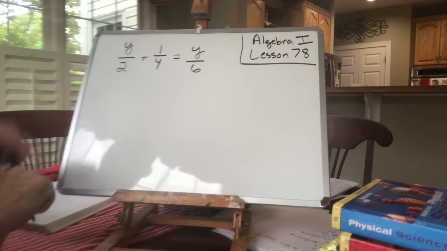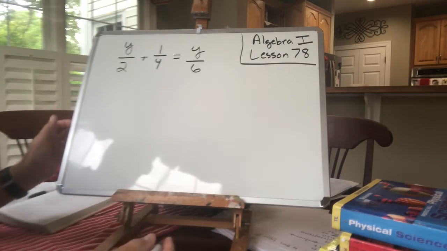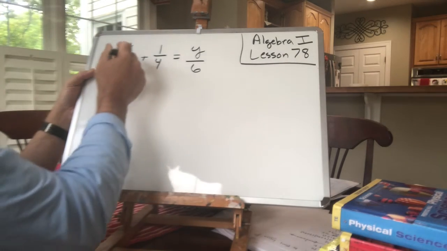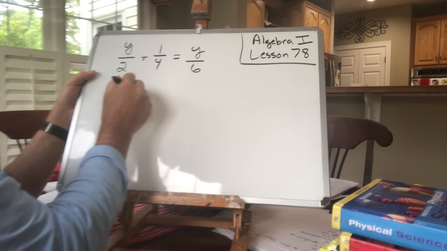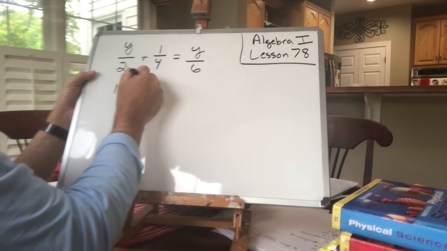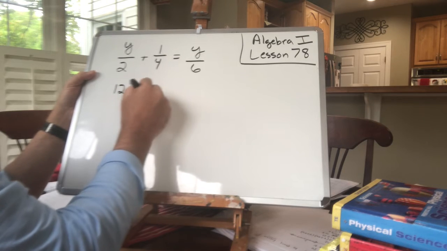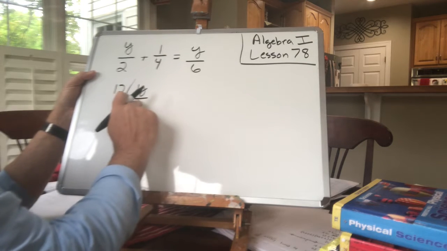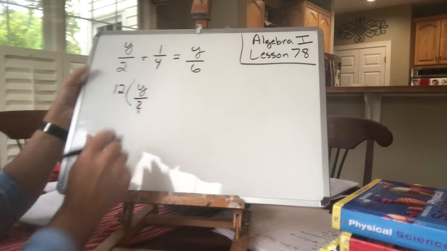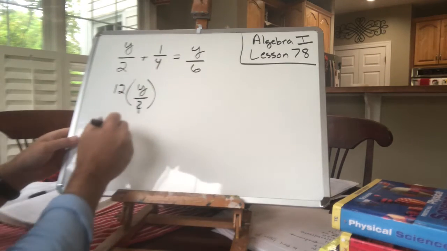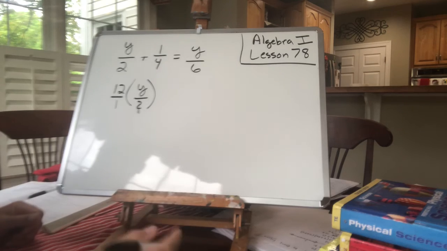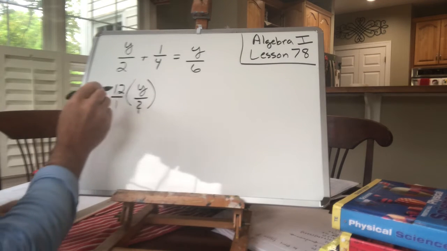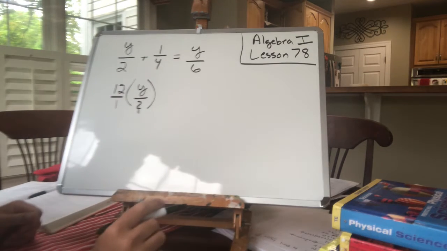So if I was multiplying the least common multiple, I would say 12 times y over, in this case it would be 2, okay? Y over 2, which is also like saying 12 over 1, right? Which means that we can be cross-reducing right here.